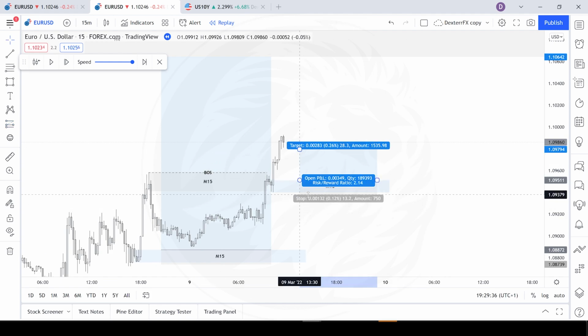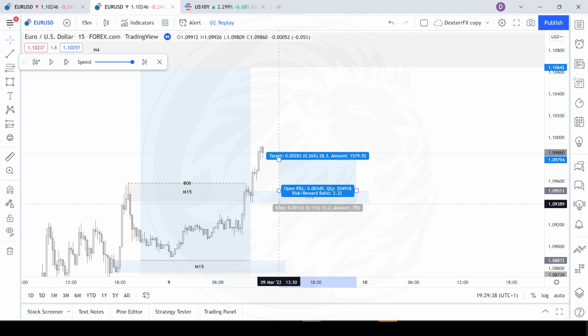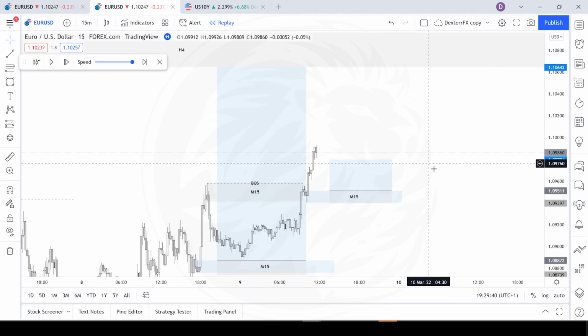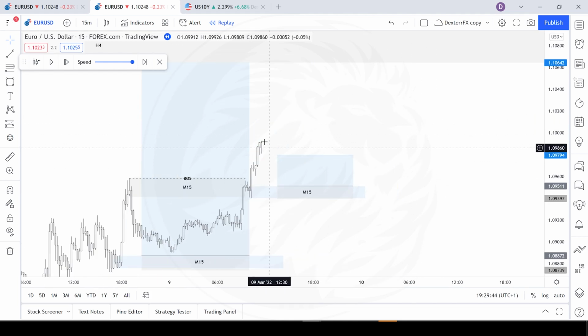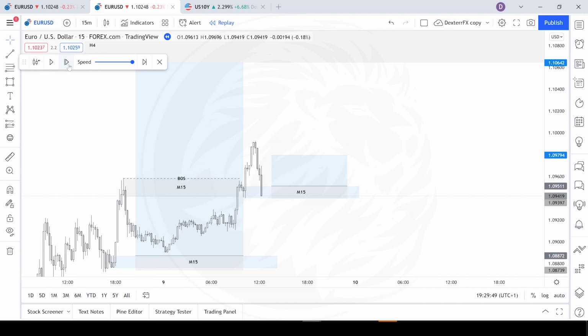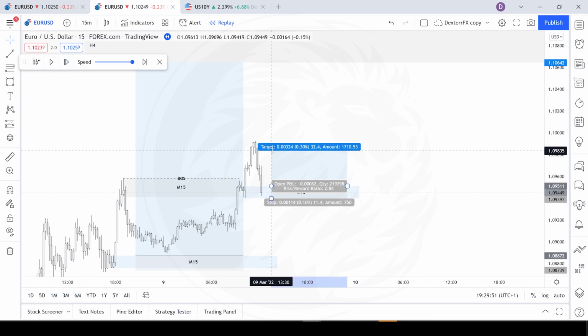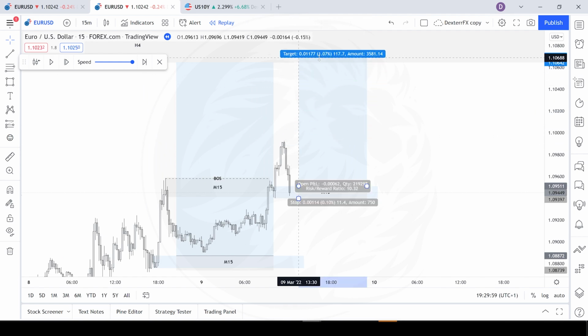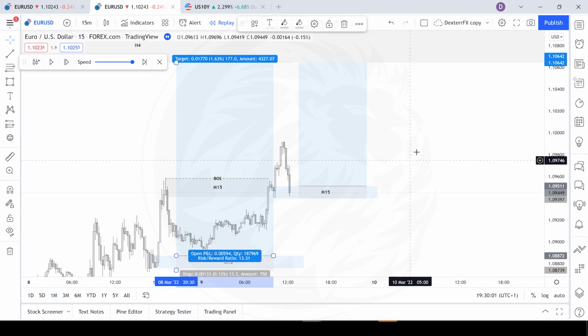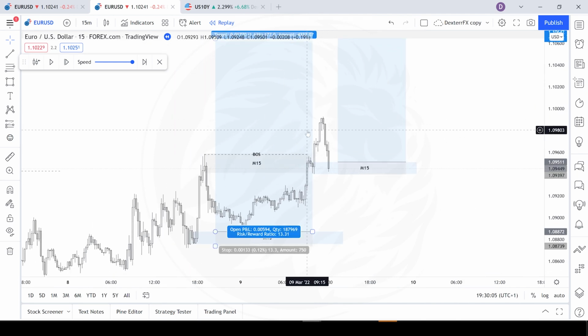and as we said, the first TP is the next M15 POI, but here I do not have one for now. We'll check. Yes, I can use this one as my first TP, this one as my second because it's the high, and this one as my third. In those cases, you have no real order block.